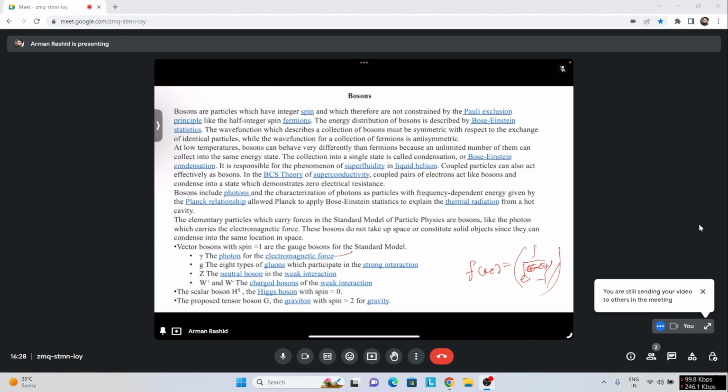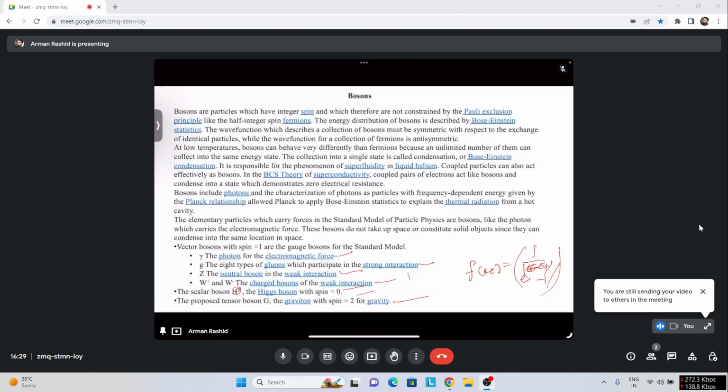G is the gluon, which participates in strong interactions. Z is the neutral boson in the weak interaction, and W plus and W minus are the charged bosons for the weak interaction. The scalar boson H0 is called the Higgs boson, which has a spin of 0. The proposed tensor boson G, called the graviton, is for gravity. All of these have an integral spin, either 0, 1, or 2.